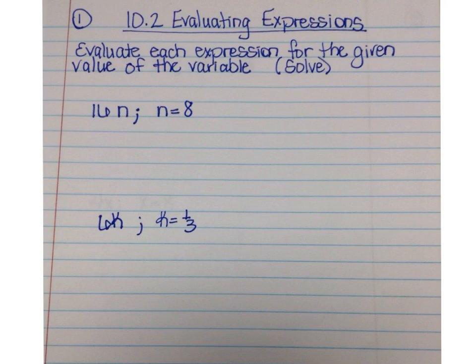All right, so we are going to be plugging in the number for the letter. So 16n, which is 16 times n, and we're going to plug in the 8 where the n goes. So it will look like this: 16, and then we'll put the 8 inside parentheses, which also means multiply.